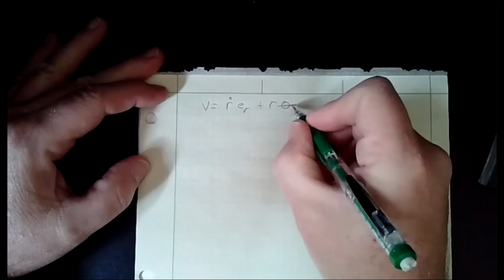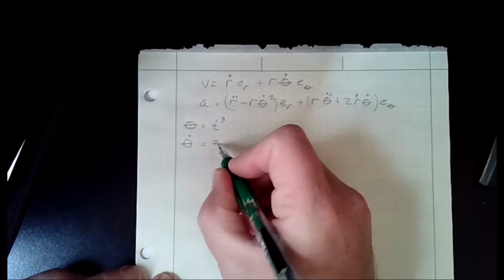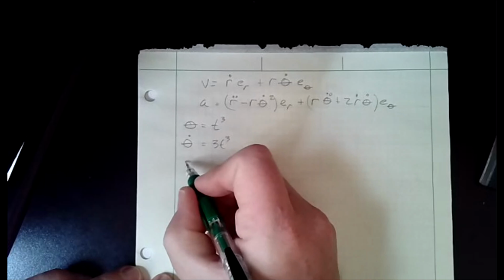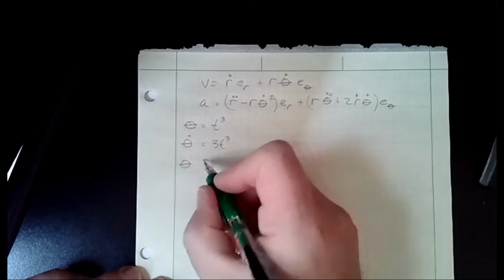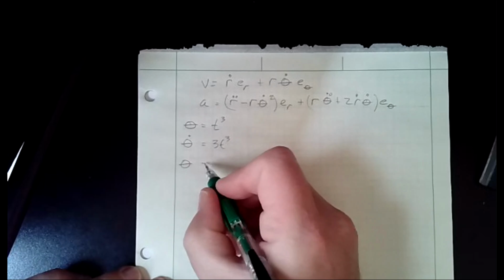Okay, and so we're given that theta is equal to t cubed. So that means that theta dot is going to be 3t cubed, sorry, 3t squared. And then we take the second derivative, that's going to be equal to 6t.